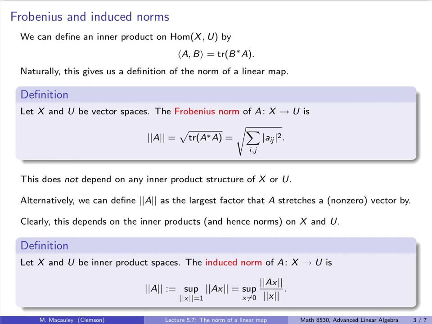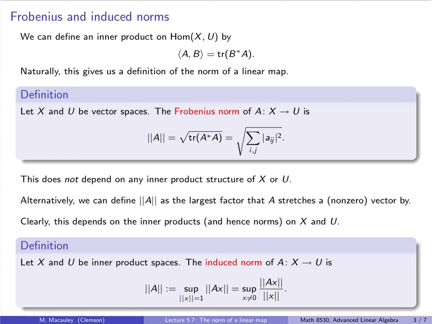Let's write it down formally now. For inner product spaces X and U, the induced norm of A is defined as the supremum over all unit vectors of the length of Ax.